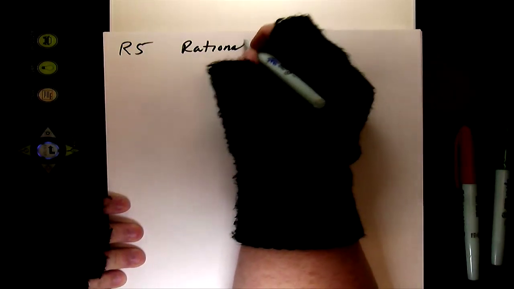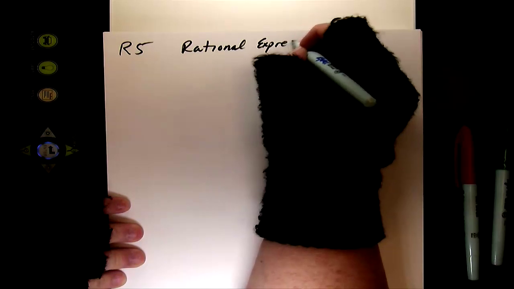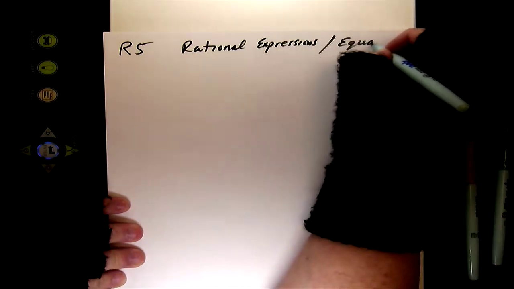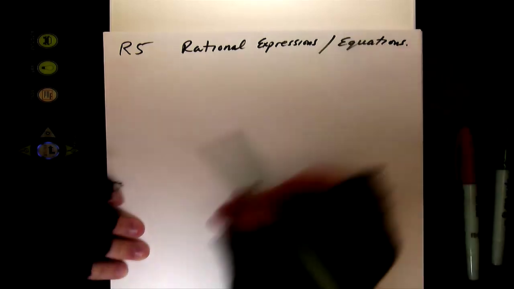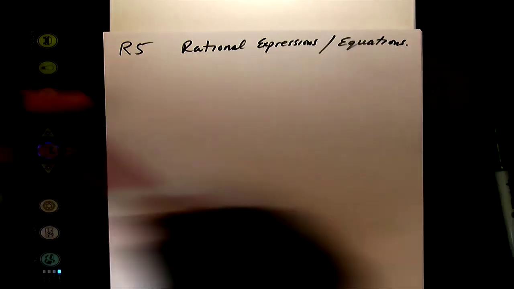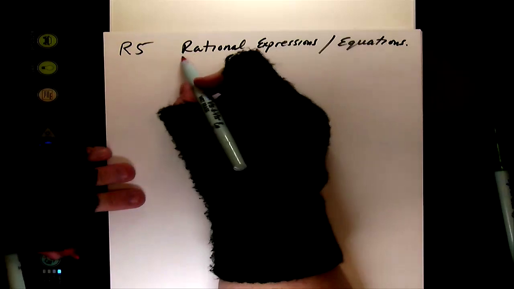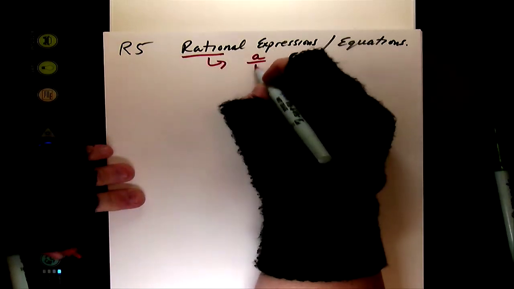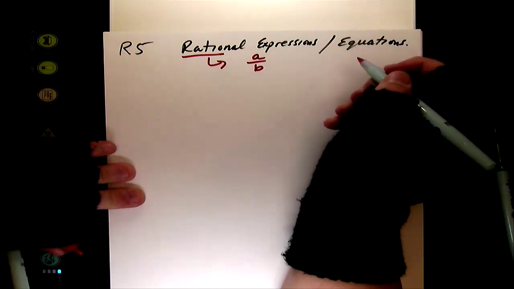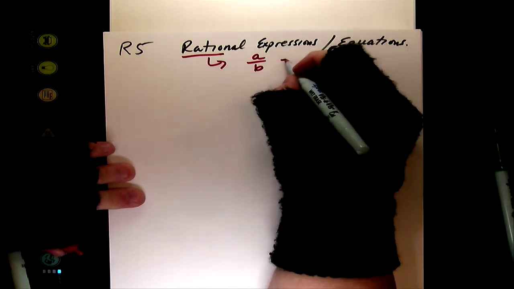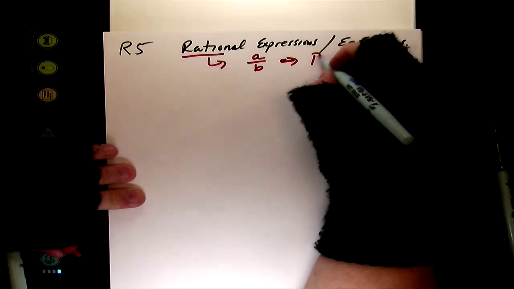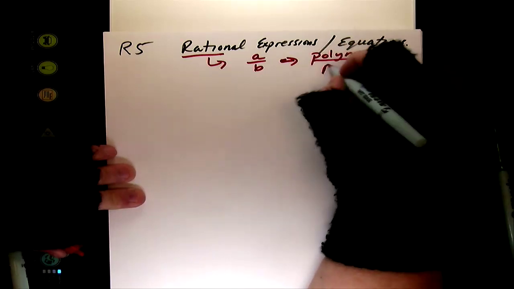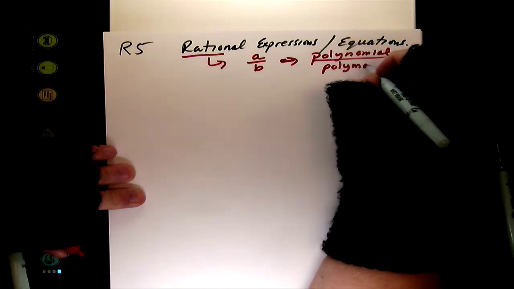Rational expressions and equations. A rational expression has the word ratio in it. A ratio is like A over B. In our case, we're going to have polynomial over polynomial, so polynomial division.